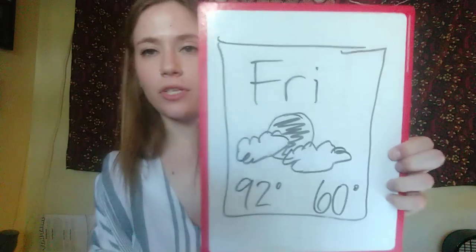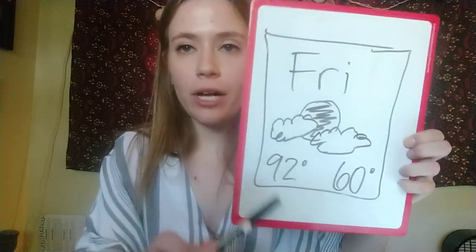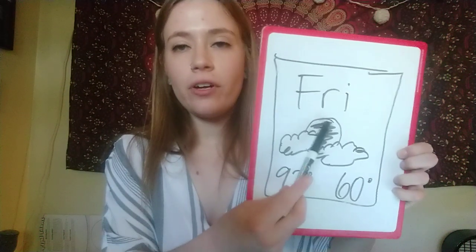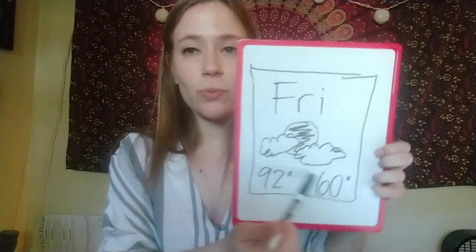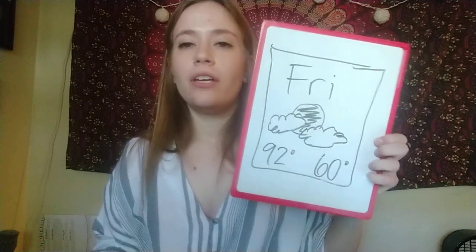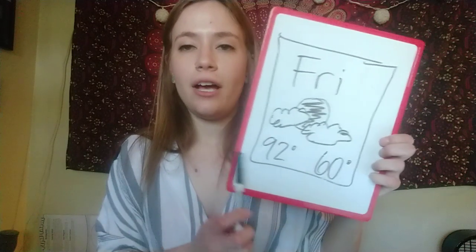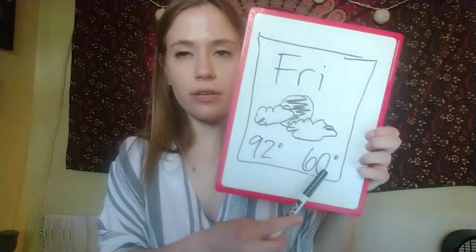And then I see two temperatures. So I see 92, wow, 92 degrees and 60 degrees. So we have our blue box around Friday, our weather picture for the day, and then our high and our low temperatures of the day.